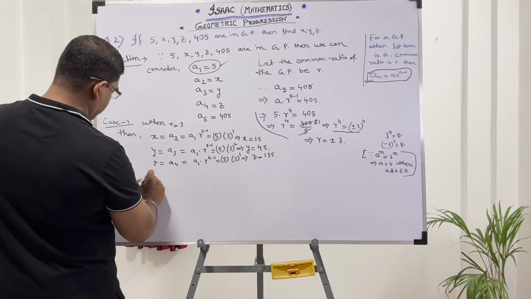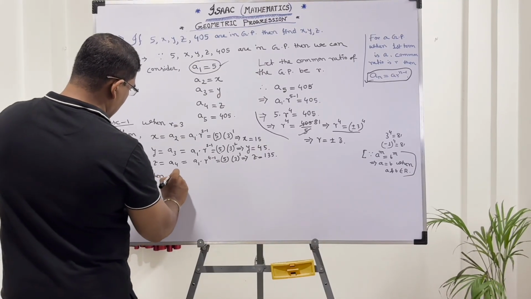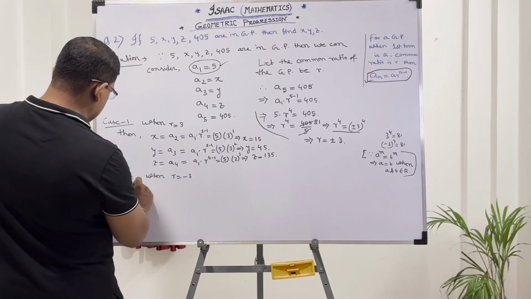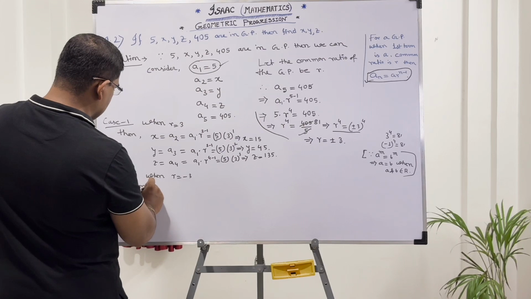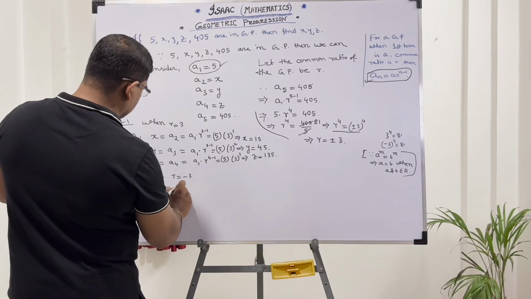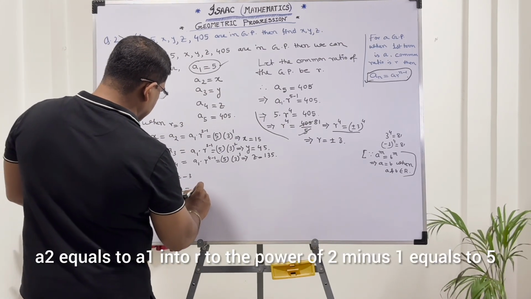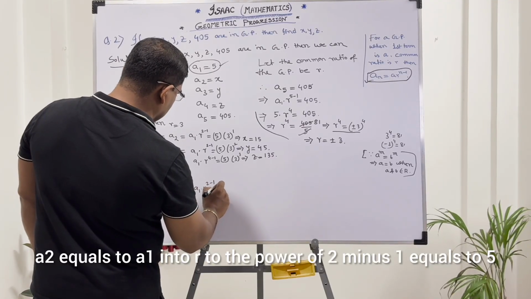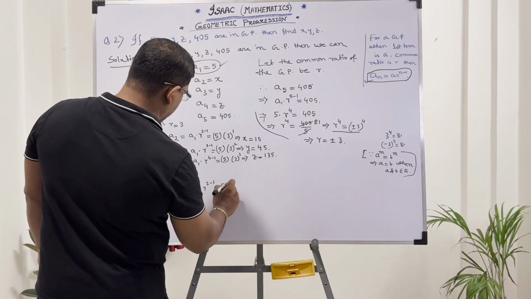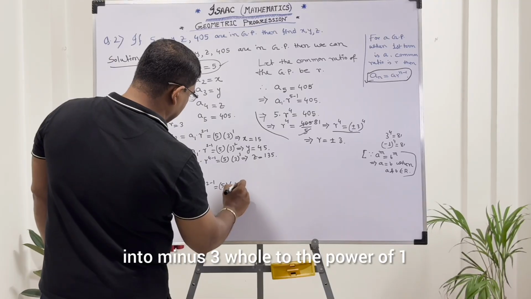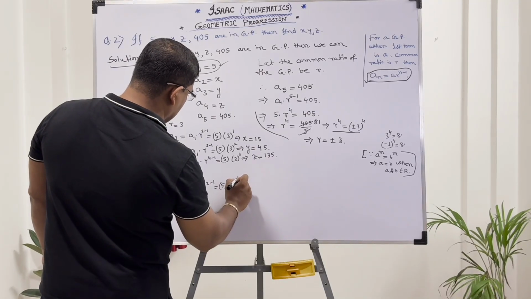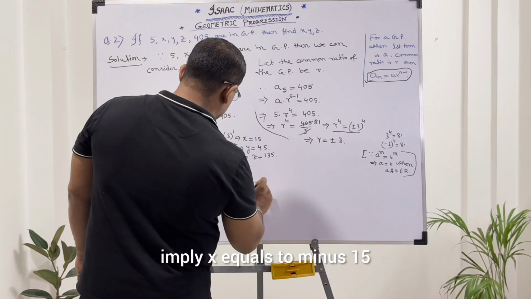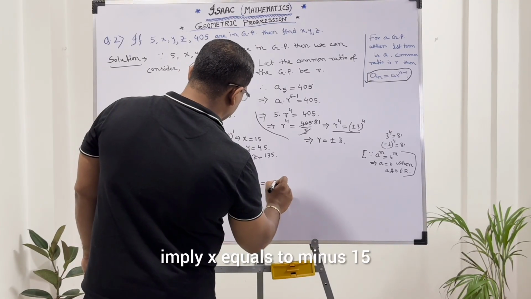Case 2. When R equals to minus 3, then X equals to A2 equals to A1 into R to the power of 2 minus 1 equals to 5 into minus 3 whole to the power of 1, implies X equals to minus 15.